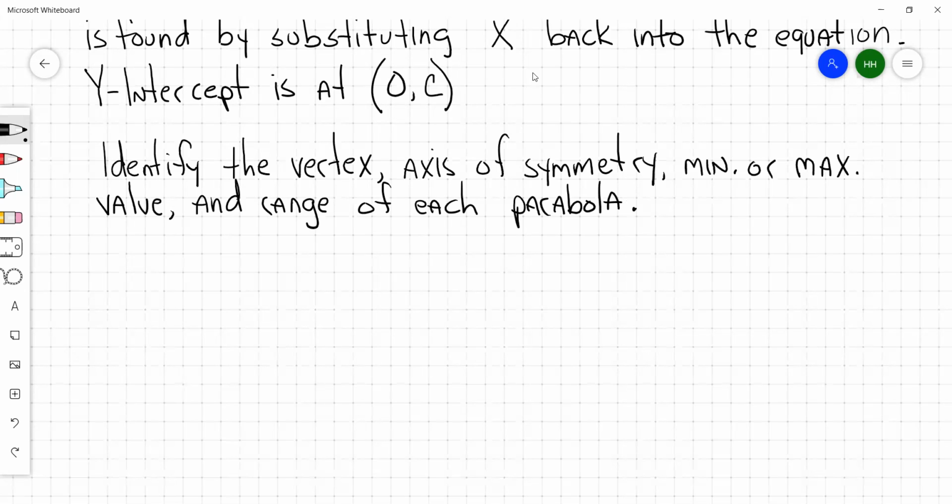Vertex, axis of symmetry, minimum or maximum value, and the range of each parabola.